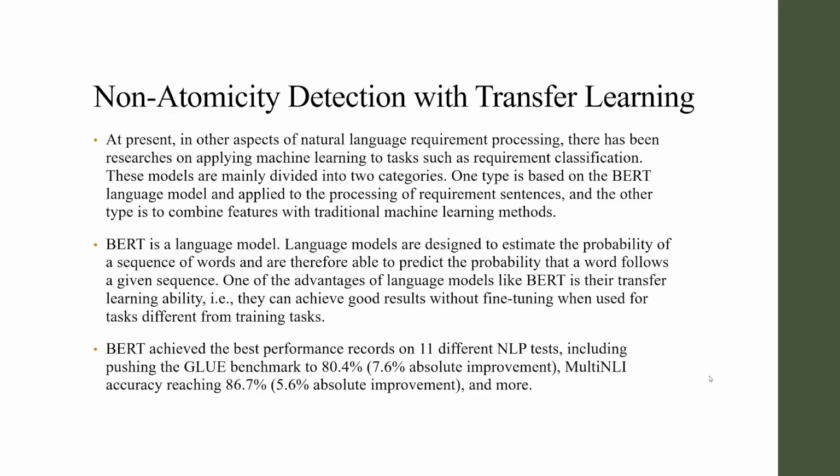BERT is a language model designed to estimate the probability of a sequence of words and is therefore able to predict the probability that a word follows a given sentence, and BERT achieved the best performance records on 11 different NLP tests.